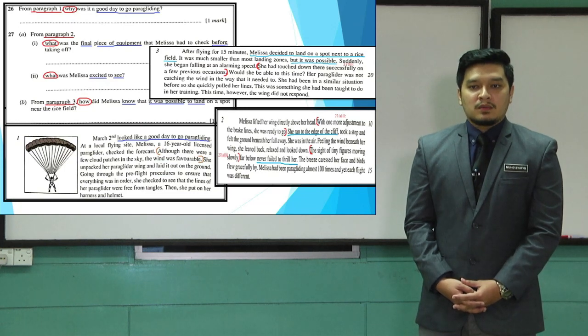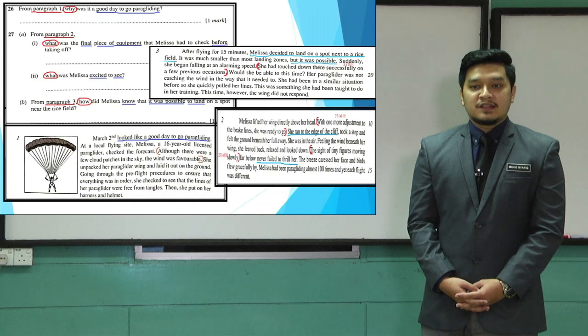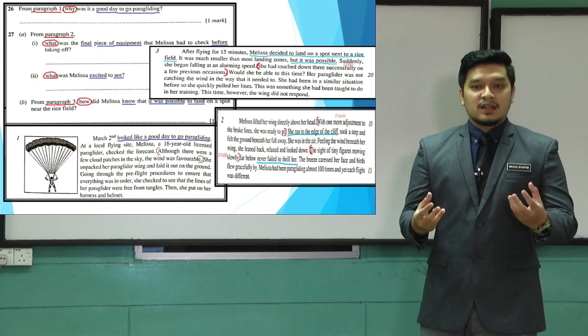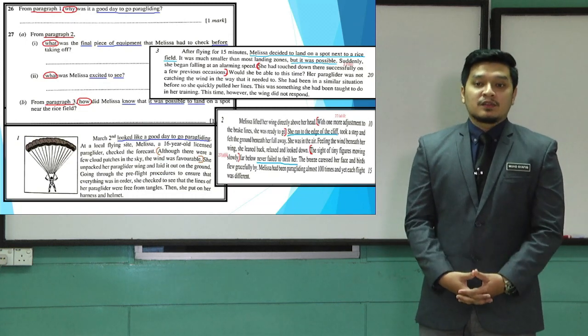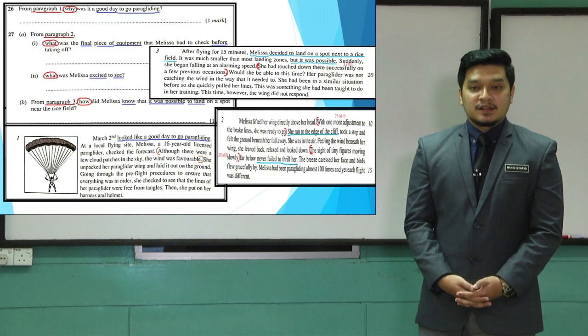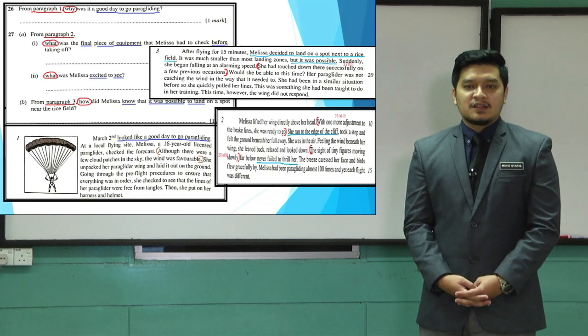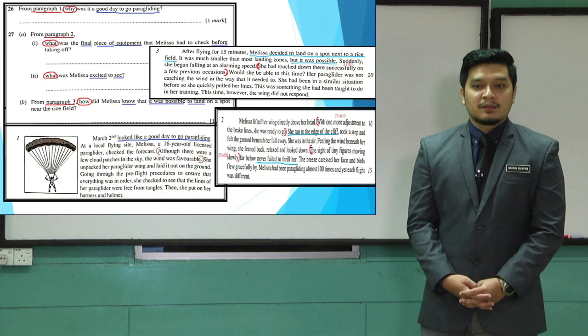With one more adjustment to the brake lines, she was ready to go. In this line, if you notice, there is something related to the equipment that she was using in order to paraglide. So the answer is the brake lines. It is also helpful if you notice that the word adjustment is similar to the word checking. So the answer again is the brake lines.